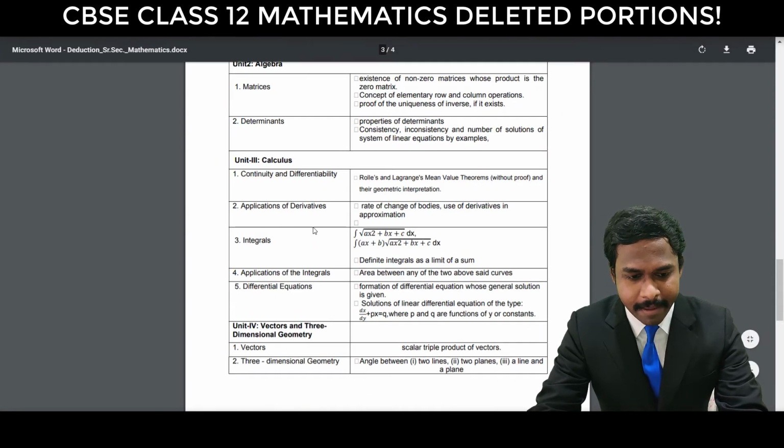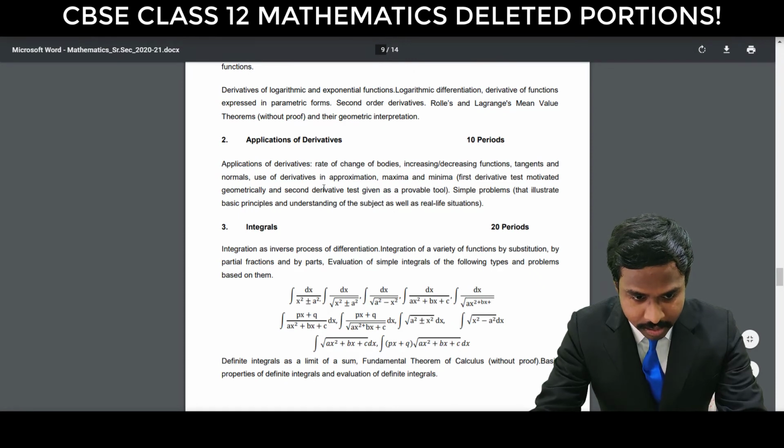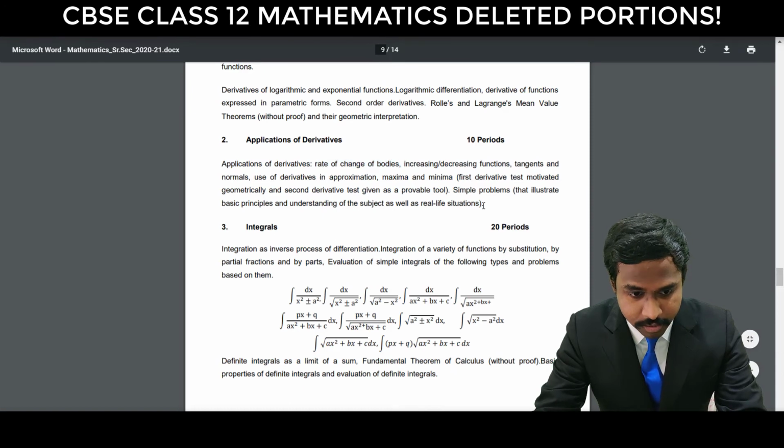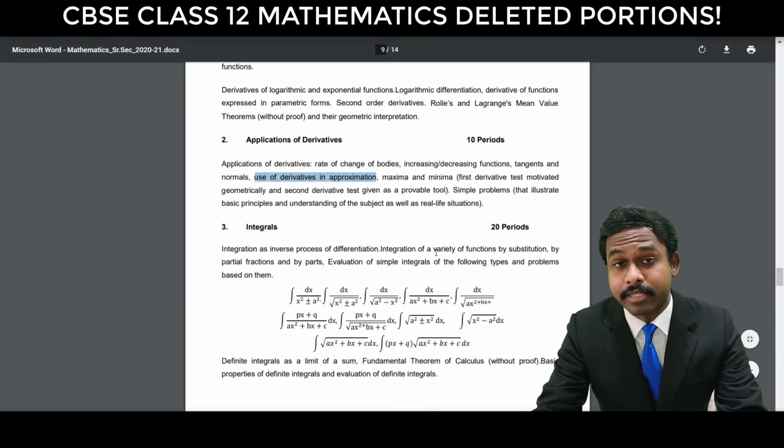And we have application of derivatives, where rate of change of bodies and use of derivatives in approximation is not there. So in application of derivatives, as you can see, rate of change of bodies is not there. And also the concept of use of derivatives in approximation is also not there. So use of derivatives in approximation is not there in the syllabus.